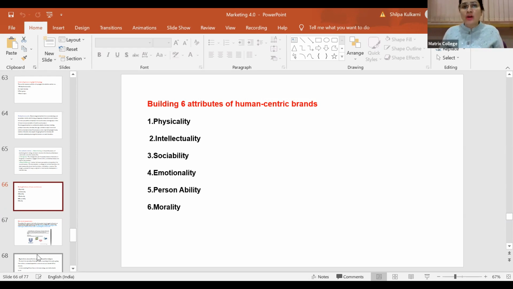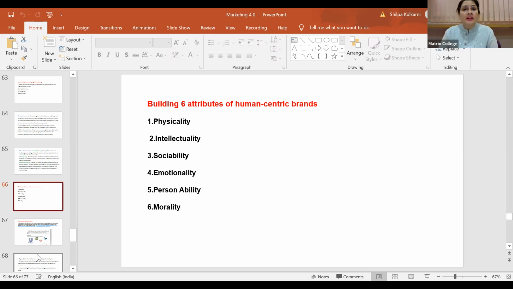I gave you the example of Amul butter, which is well known to excel not only in dairy product design, but also in its user interface design. Then intellectuality: brands with innovativeness have the ability to launch products and services with creative ideas. The brand demonstrates its ability to effectively solve customers' problems. I gave you the example of Amazon, Ola, AirAsia.